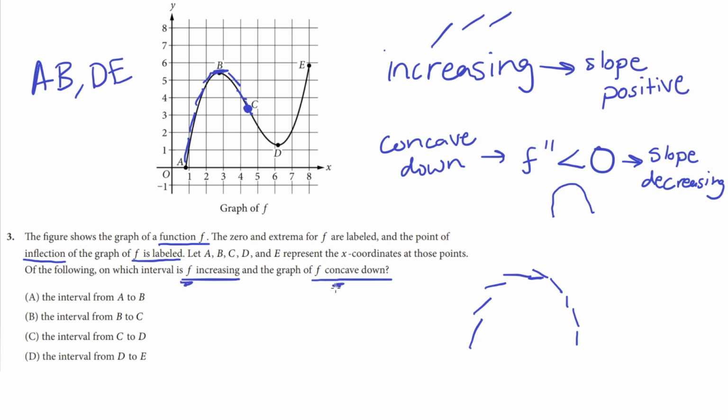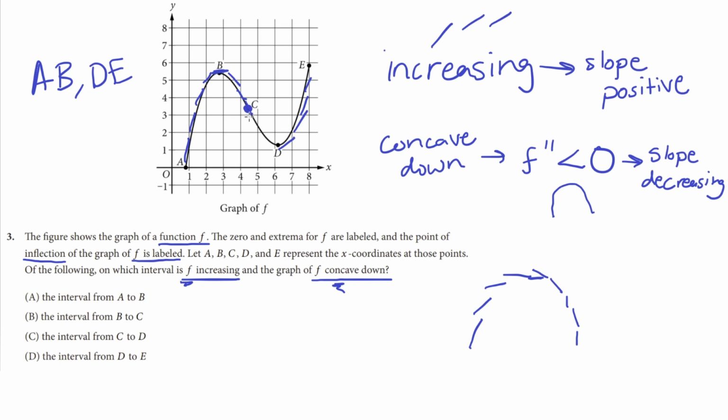and is concave down. While from D to E, the function is increasing, the slopes are positive, but the slopes you'll see are getting steeper and steeper, which means that the second derivative in this region is greater than 0, which means in this region, the function is concave up.